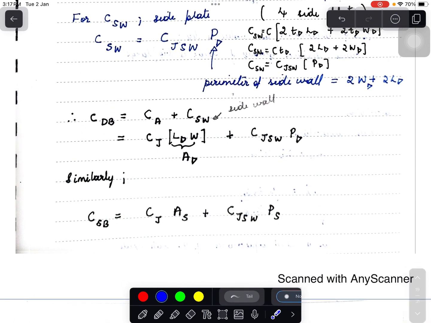Therefore, the drain to bulk capacitance equals CA plus CSW, which equals CJ times LD times W plus CJSW times PD, where PD is the perimeter of the drain.